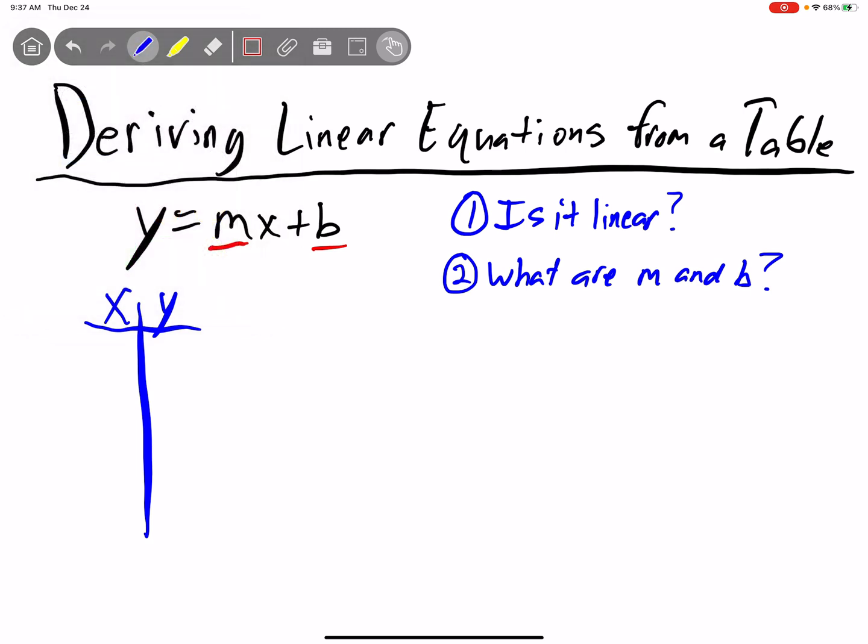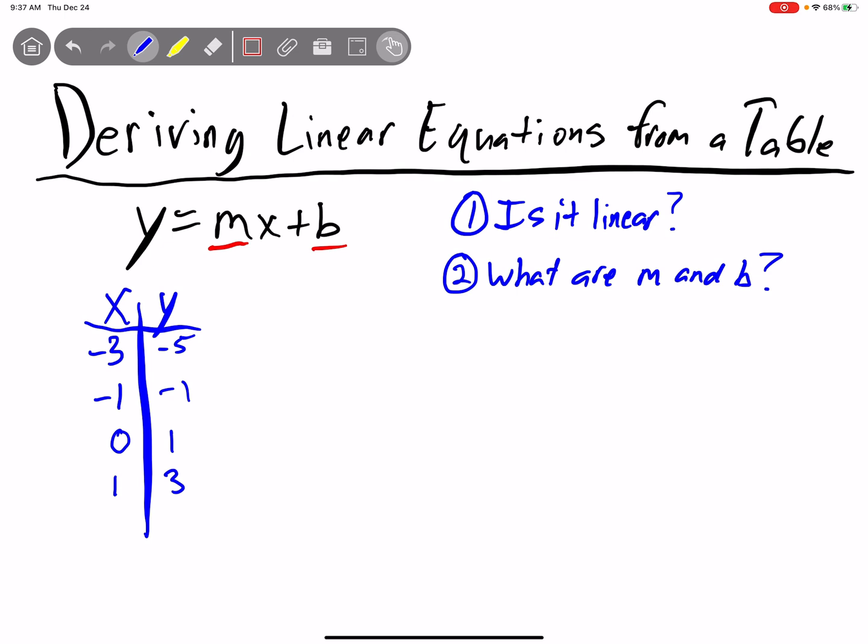So if I'm given a table, let's do a simple one. Let's do -3 and there we go.